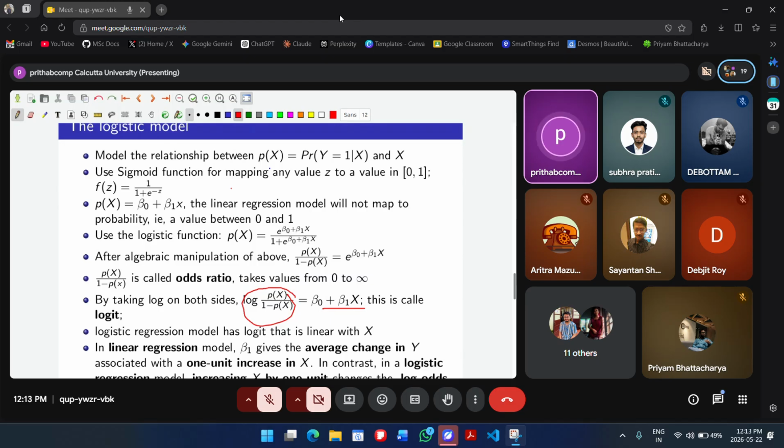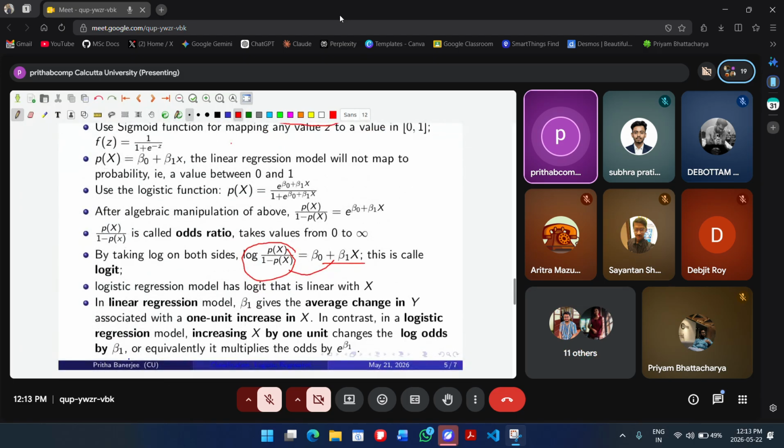Okay. So we started with the relationship between the probability of x and this x, and this is the relationship that we have come up with. Now, how does it differ from the linear regression model? In a linear regression model, beta 1 gives the average change in y associated with a 1 unit increase in x.